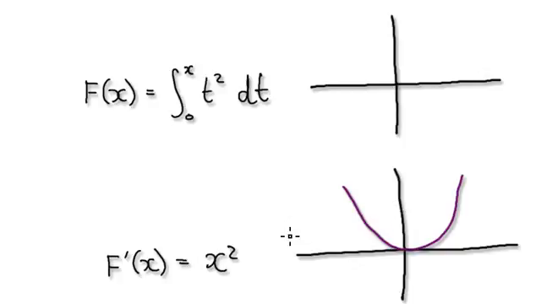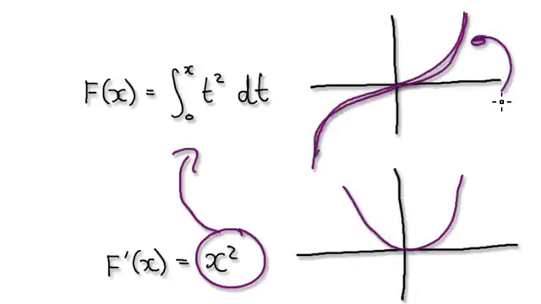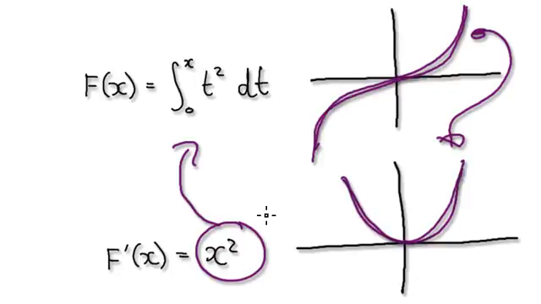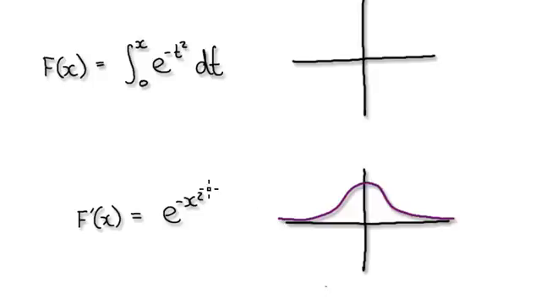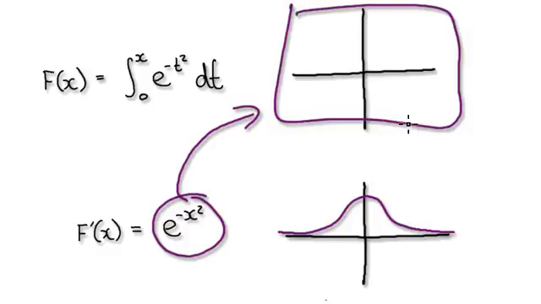So you could ask yourself, why not just find the antiderivative of x squared? Because if you differentiate the antiderivative, it will give you this. So going back to this form here, why not just find the antiderivative of this, and then that will help us understand what the original function will look like.